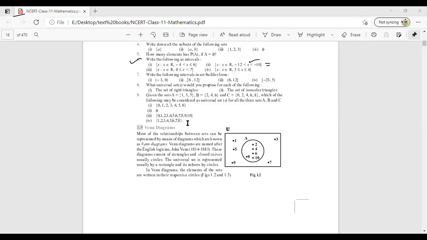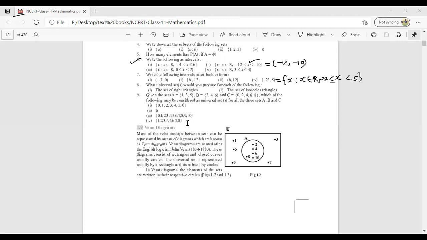We will write it is an interval where minus 12 and minus 10 both are excluded. And write in the set builder form, you will write it as the set of all x such that x belongs to R and x is included. So greater than or equal to minus 23 and less than 5. This is the set builder form.